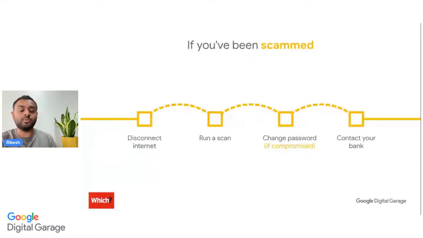And also, when it comes to money, if you feel that you've given them your bank details and this is a scam, or a scamming website, or you just think that something's a little bit suspect, a great first port of call, as well as disconnecting from the internet, running your virus scan and changing your passwords, is to contact your bank.